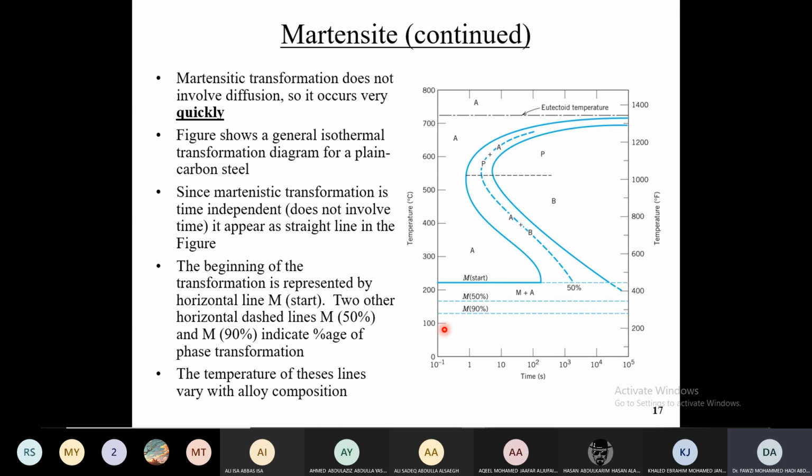It will go out slowly. It has time. But if we quench, this means that we are theoretically giving it zero time. We are not allowing the diffusion process to happen. We are not allowing the carbon atoms to escape and go and form something else.